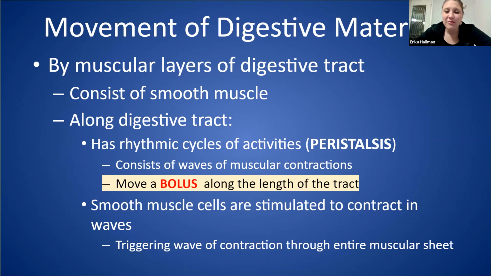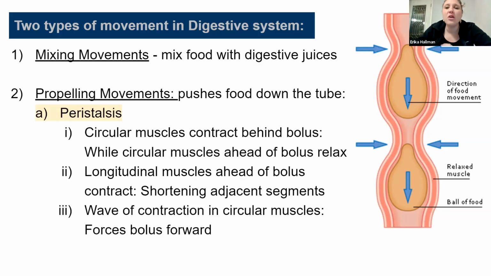The anatomical and probably less disgusting word for chunk of food is called a bolus. So once that smooth muscle is stimulated, it will trigger the contraction of the muscles to move that bolus along the digestive system. That's not the only thing the smooth muscle does in the digestive system. The smooth muscle can also go through mixing movements. So we'll see that in the stomach, but the propelling movement is primarily peristalsis.